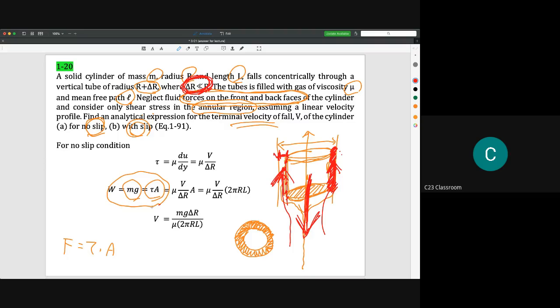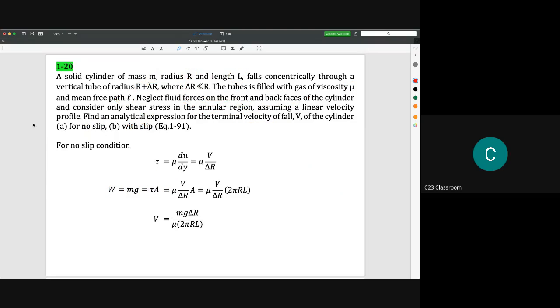So in equilibrium, the weight is equal to the shear force. The most important thing is which area and which part you need to take in your calculation.